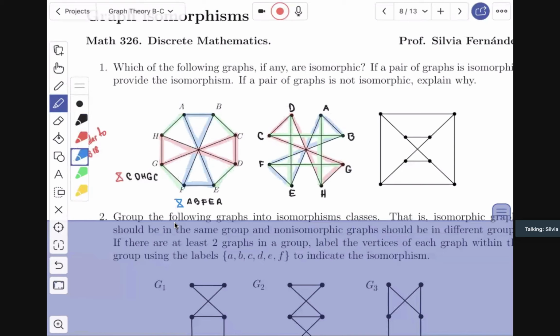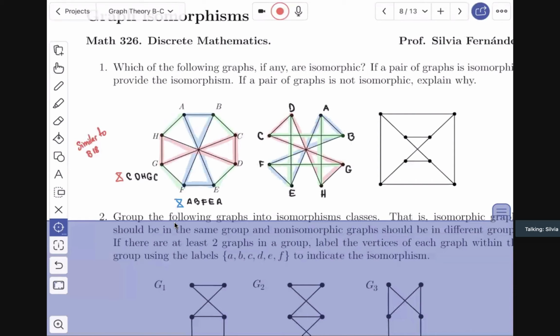For the other graph, we can try to do the same. And again, many times what you do at the beginning doesn't work, and there are several isomorphisms, which actually makes it hard for me to grade because there were a lot of things that were arbitrary. Like I said, let me make this an A. You could have chosen that to be an A, or that to be an A, and then things would work differently.